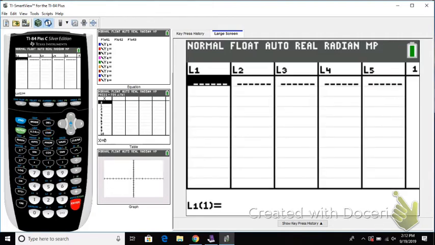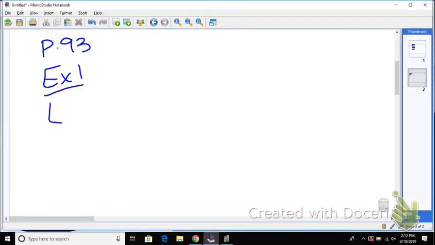And when you see edit, you may not have all of these L's, but you should have at least an L1 and an L2. If you do not, raise your hand so I can come fix it for you. Does everybody have L1 and L2? Okay, here's what you need to know. L1 is always going to be our X values or our input.